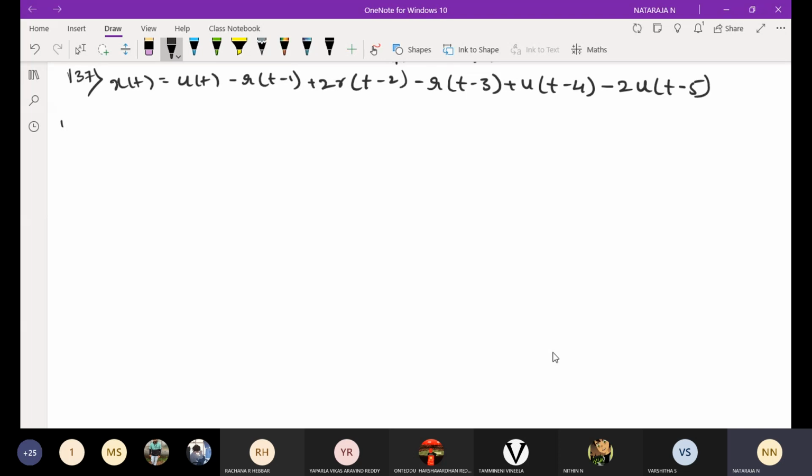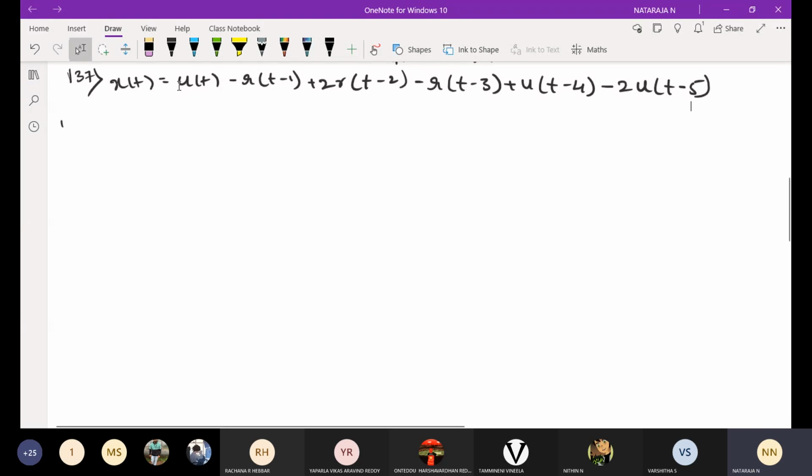It is a combination of both r of t as well as u of t. There is nothing confusing in this. Definitely one problem for external and one problem for internal. For the first IA, you will get a combination of both u of t and r of t.